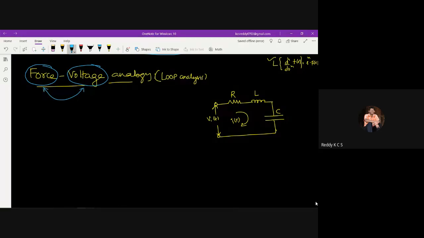So force is equivalent in the electrical system to the voltage. That is why voltage is assumed to be analogous to the force. So now we apply the Kirchhoff law for this electrical circuit, and we obtain the voltage equation, as we did for the force equation in the mechanical system.